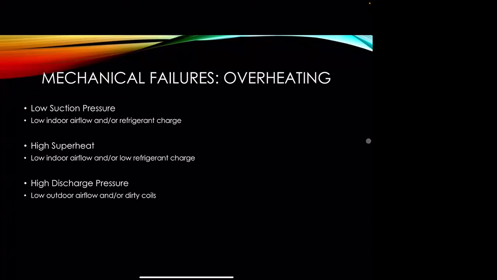We want to clean them first, let them dry, check them, and then diagnose. So if you ever run into one and you're out on a no cooling call and you see that the system's dirty, you have to educate the homeowner that, unfortunately, I can't diagnose this without properly cleaning it, and give them the solutions to cleaning it before diagnosing. You can miss things.